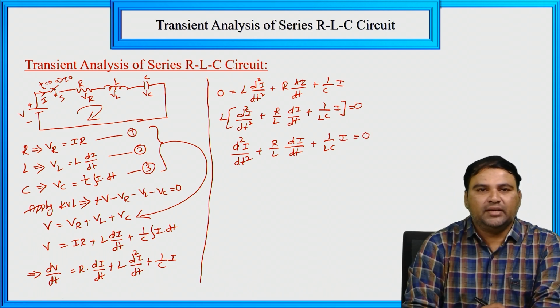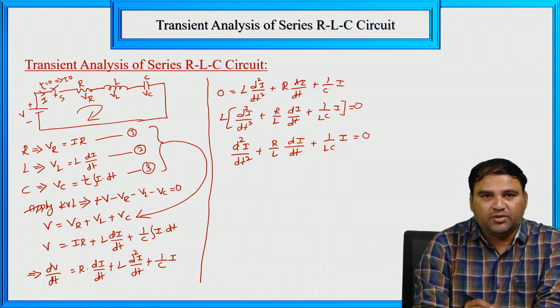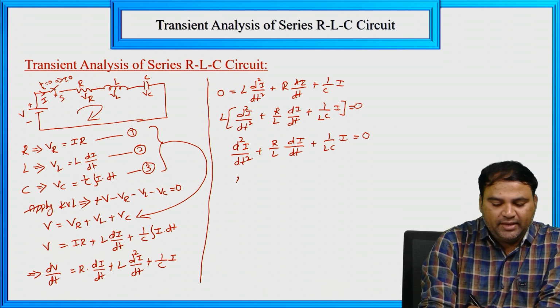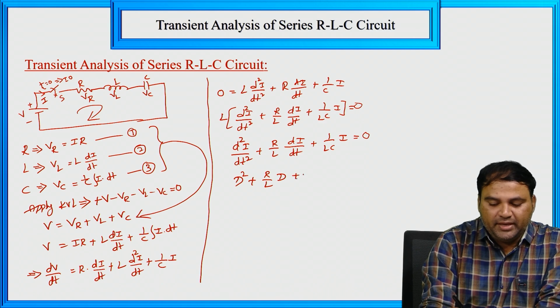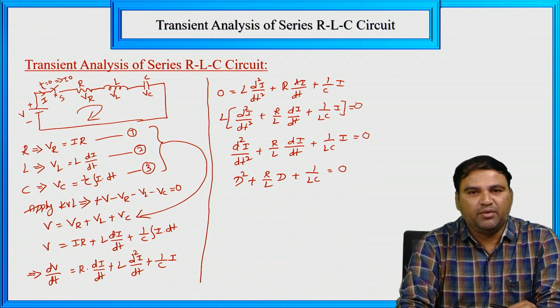Okay. Now I write this differential equation in terms of D. So di by dt, I take as D. So here D square plus R by L into D plus 1 by LC equal to 0. This equation is of the form a D square plus b D plus c equal to 0.